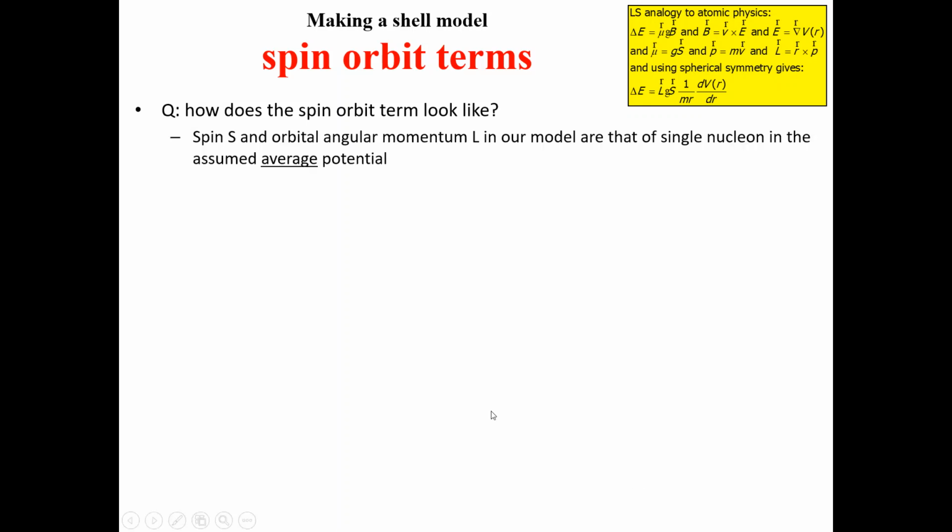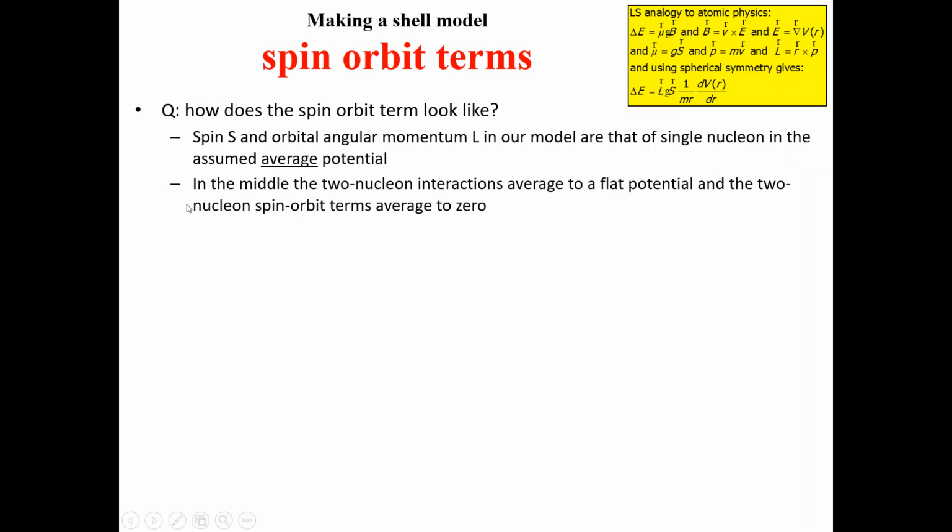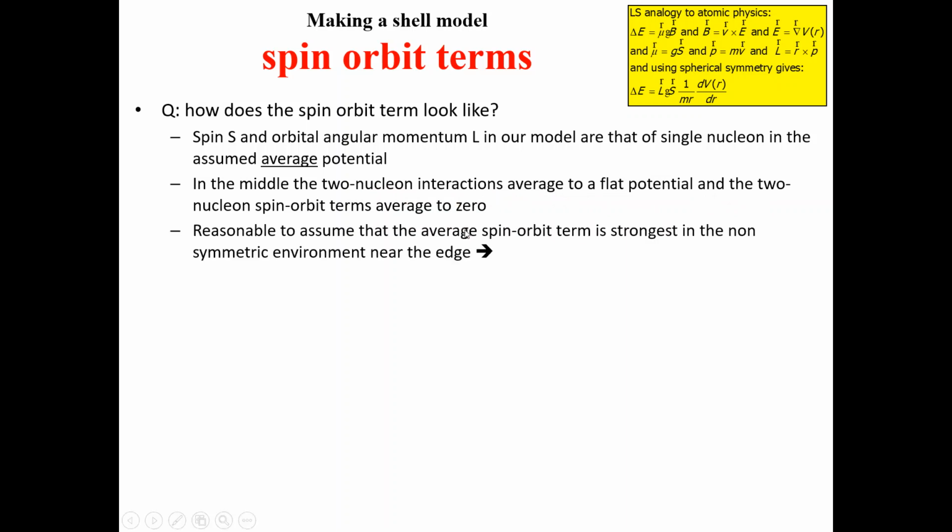You know that spin we represent by the capital letter S, and the orbital angular momentum by L, and our models are those of single nucleons and assumed average potentials. In the middle, the two-nucleon interactions average to the applied potential, and the two-nucleon spin orbit terms average to 0.